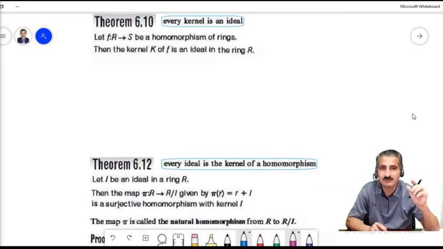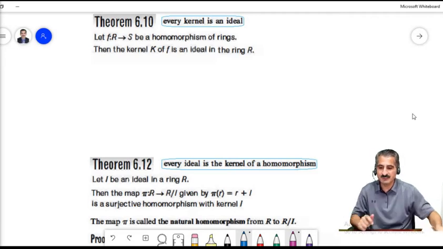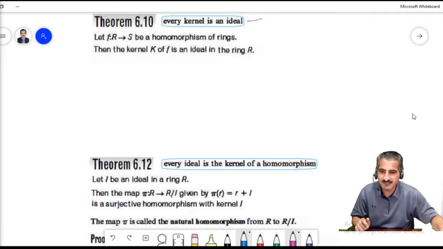And we will be doing the same thing now. Take a homomorphism from a ring to a ring, then the kernel of that homomorphism is an ideal, and so we can make a factoring over that kernel. So in here in blue it says every kernel is an ideal.